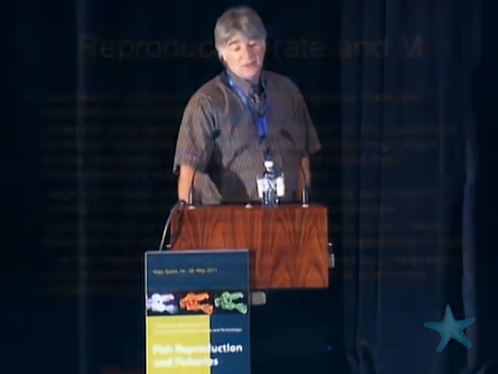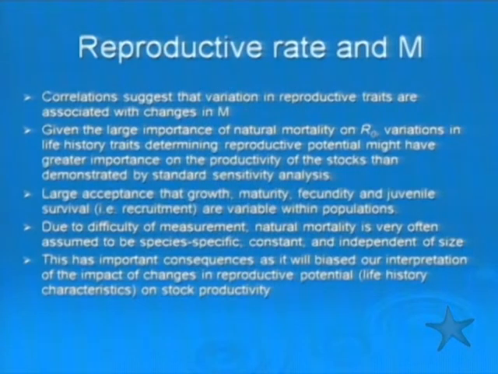So these correlations suggest that the variation in the reproductive traits is also associated with changes in mortality. And given the large importance of natural mortality on reproductive rate, variation in life history traits determining reproductive potential might have greater importance on the productivity of the stocks than demonstrated by standard sensitivity analysis.